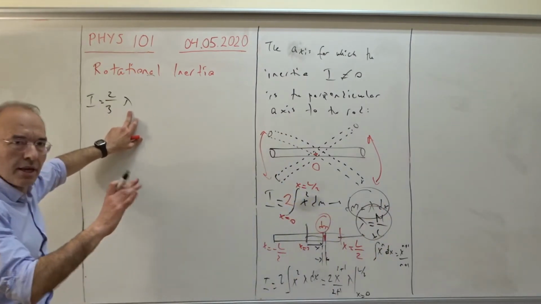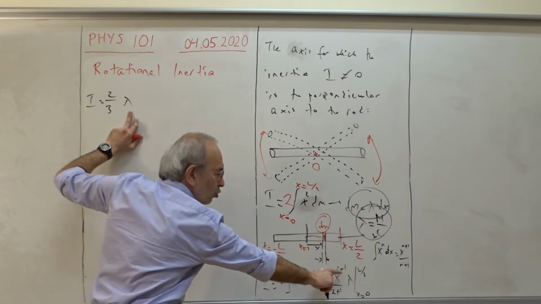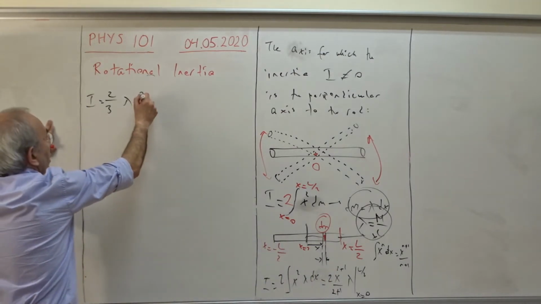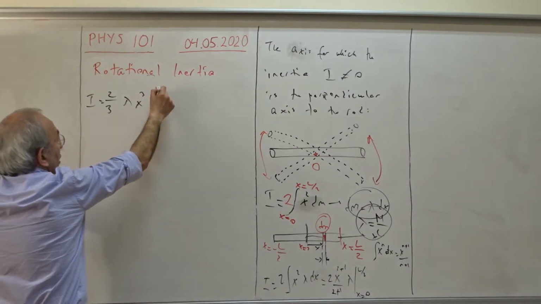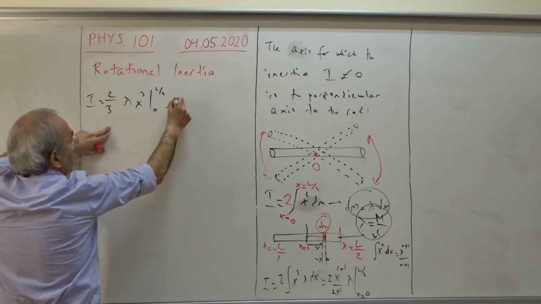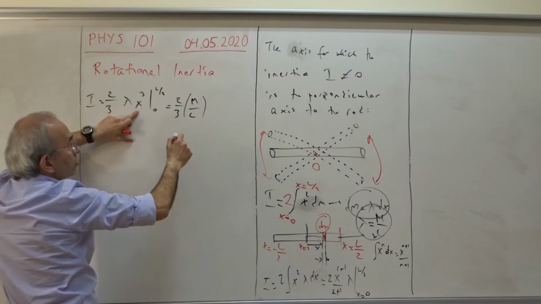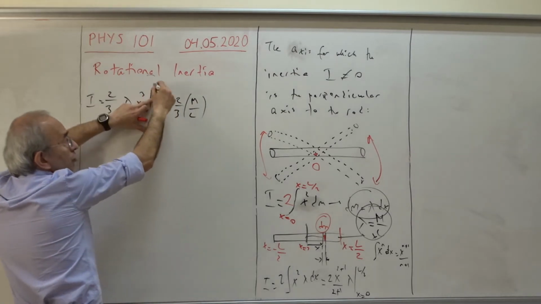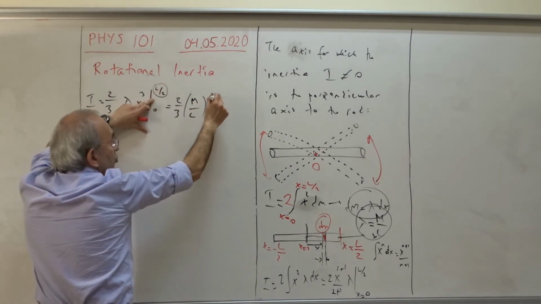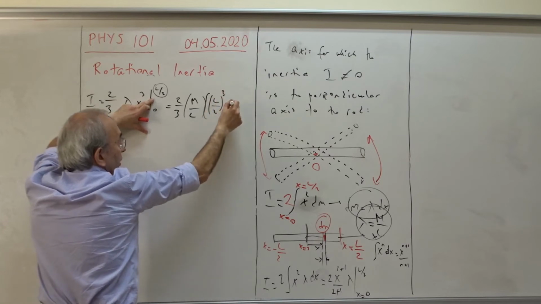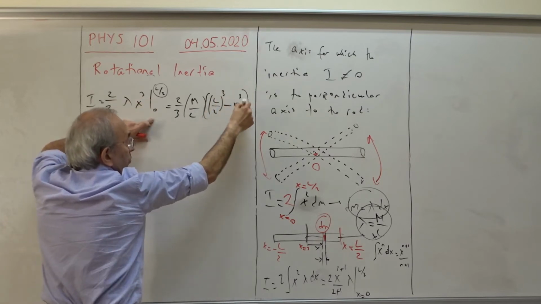So lambda remains now. It will be x cubed, x to the 3, between 0 and L over 2. We have 2/3, lambda is m over L, x cubed. You first put the upper limit, L over 2, to the third power, minus lower limit 0 to the third power.